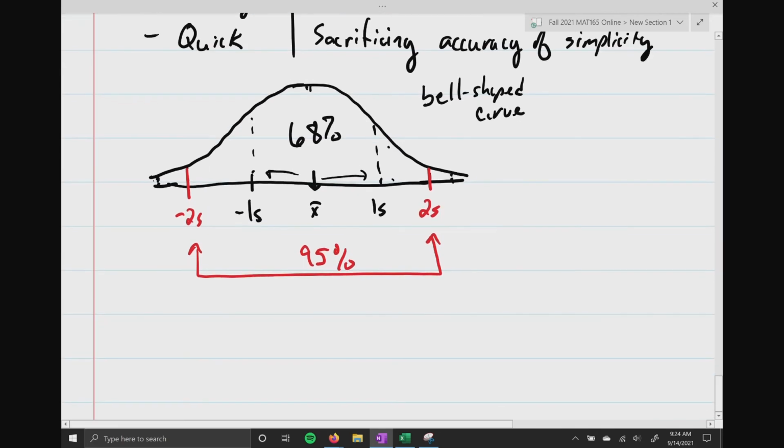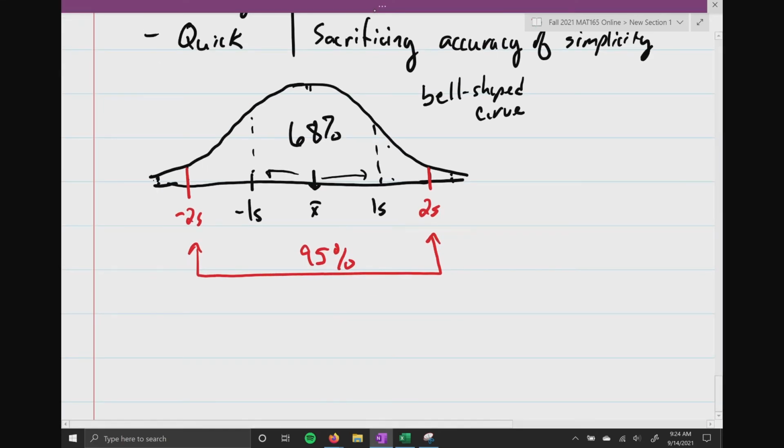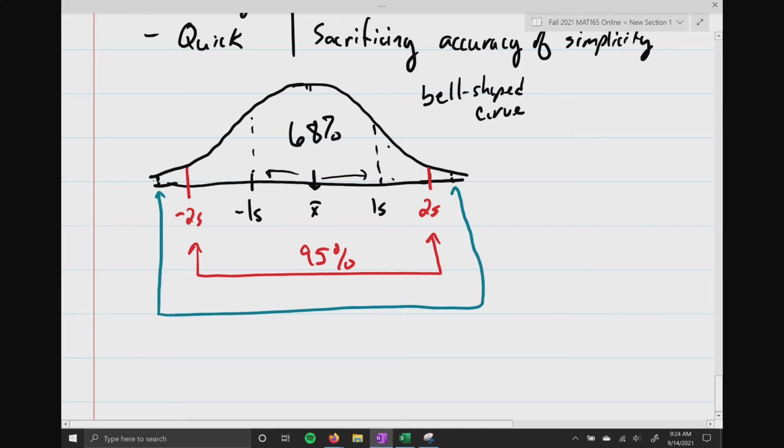And then lastly, let me use a different color for this. We would expect to find 97.7% of our data would fall in between -3 standard deviations and +3 standard deviations from the mean.